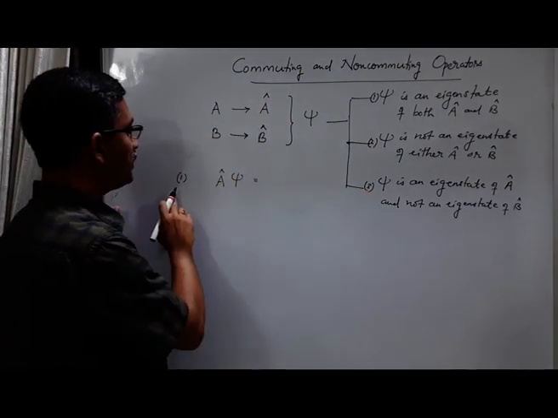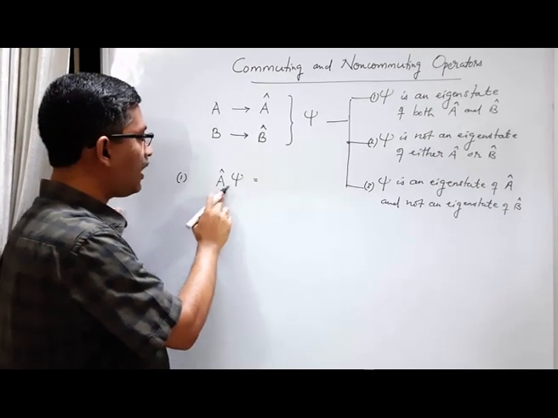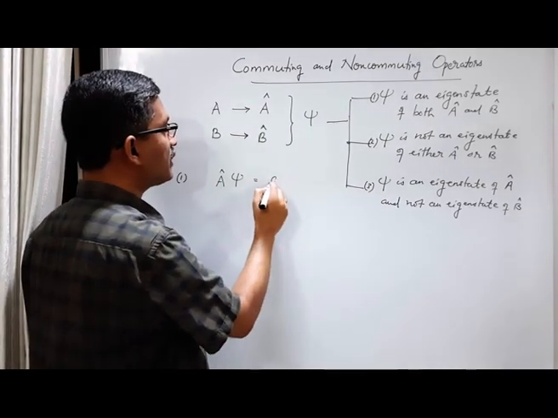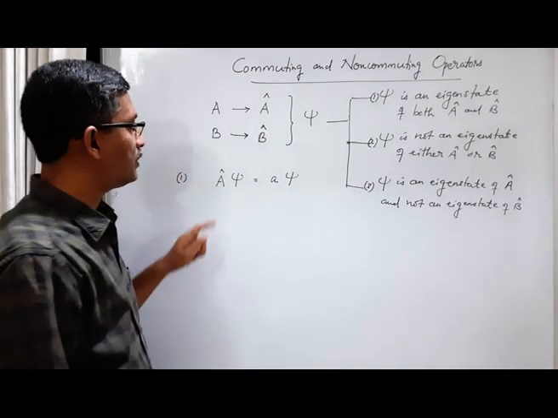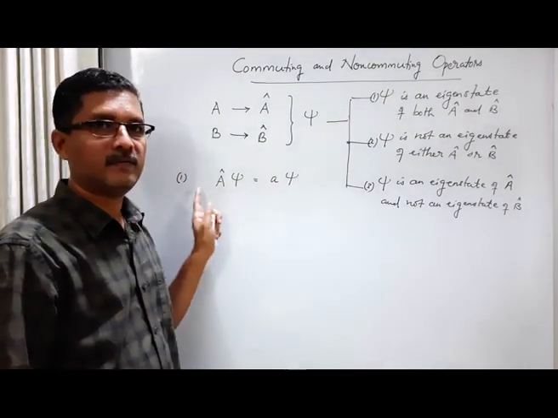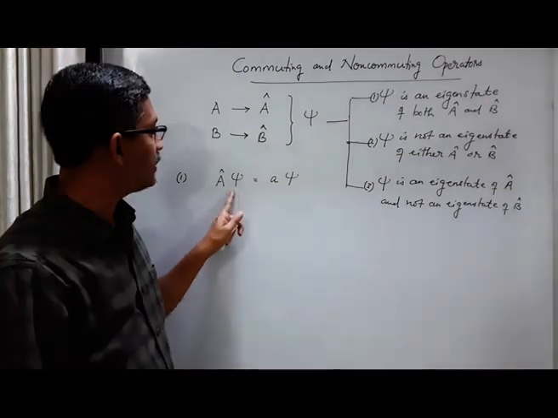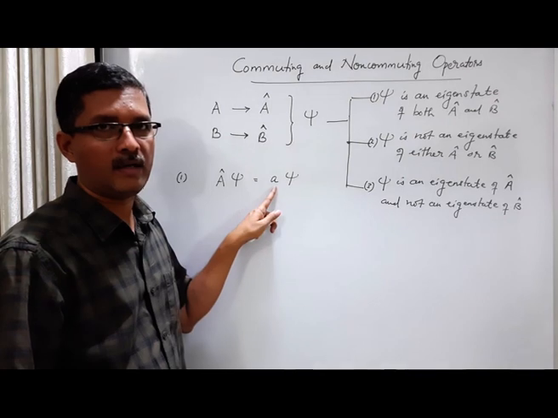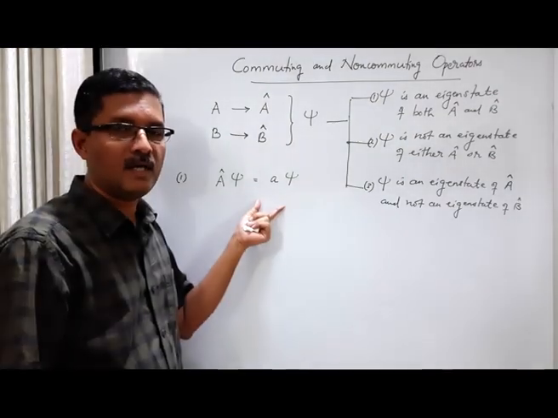In the first possibility, psi is an eigenstate of both A and B. So when A acts on psi, we get its eigenvalue, let us say small a times psi. In other words, this operator satisfies an eigenvalue equation in the state psi. Psi is the eigenstate corresponding to the eigenvalue a.